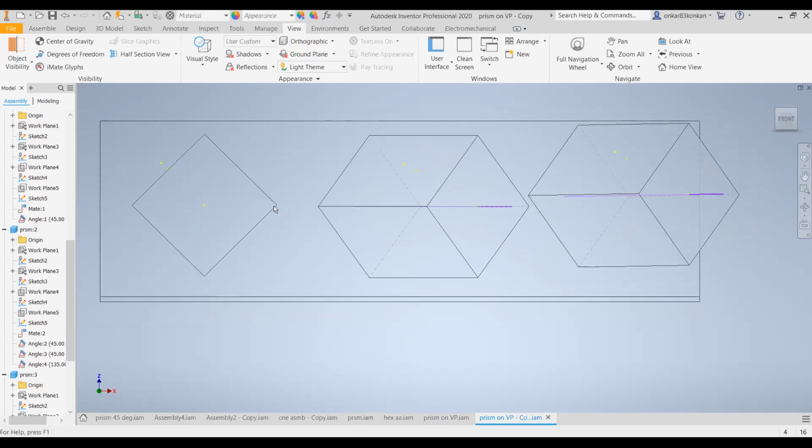So if this is a C point, then this is the CC hidden edge. This will be AC and this is the DC. Okay. So AC and DC are the edges of the bottom base. And here CC is the vertical edge. So that is the hidden edge. Okay. So this is the second stage front view.